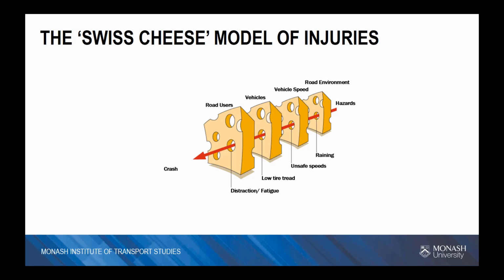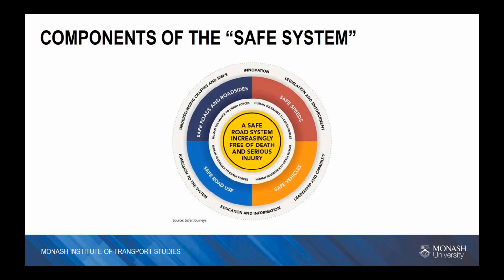And in this situation, it might not be a surprise that enough factors have aligned for a crash to occur. The Swiss cheese model essentially states that the risk of that crash occurring would reduce as we resolve some of these road safety issues, or we reduce the number of holes in the preventative layers.